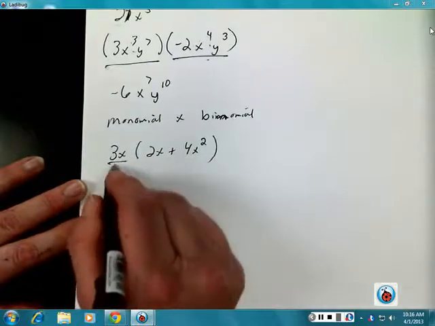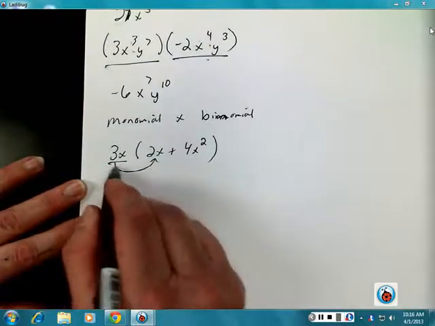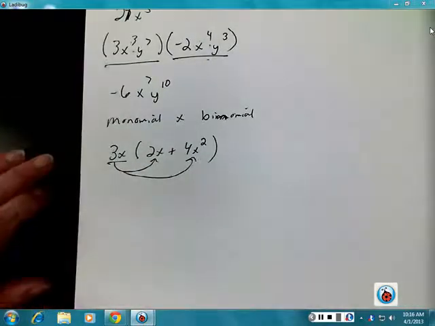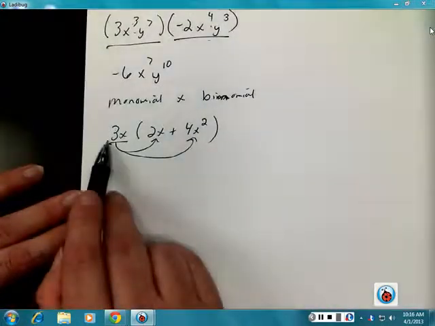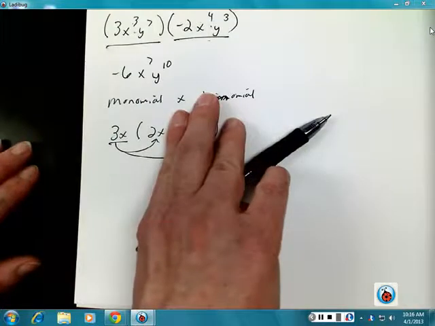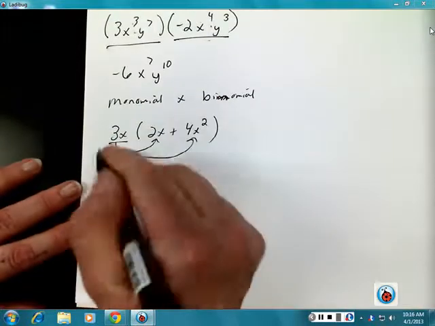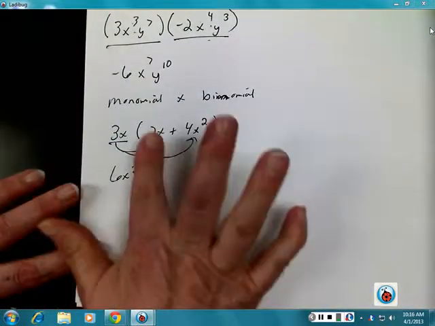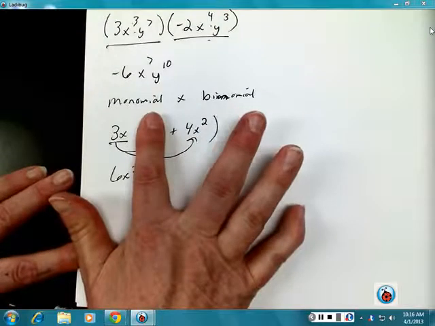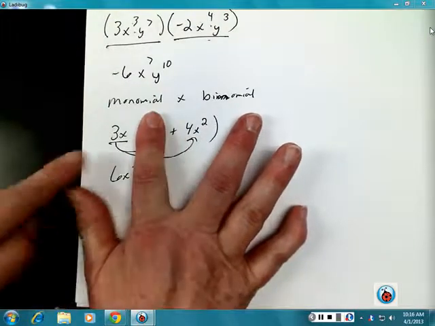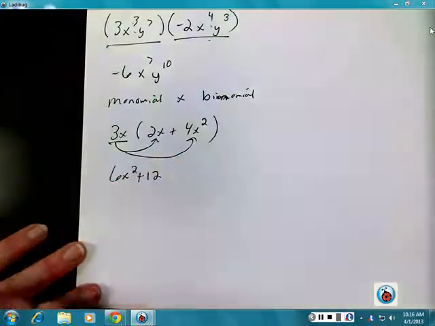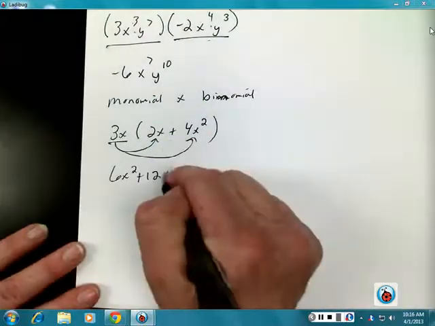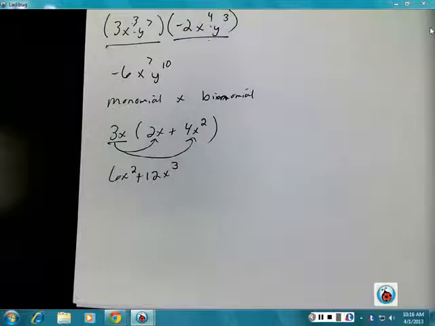You're going to take 3x times 2x and 3x times 4x squared. So you kind of got some double duty multiplication here. So if that's all I had, 6x squared. Then that's what I have. And so because the sign here is a positive, 3 times a positive 4 is going to be a positive 12. X and an x squared is x cubed. We good with that part?